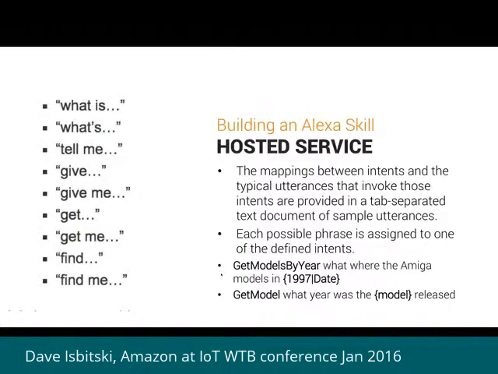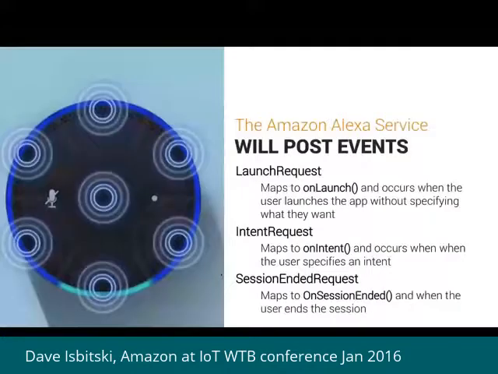Now, if I'm going to use a custom type, a custom slot, you can see here with get model, what year was the model released? And I only have to do one sample utterance for that because I'm going to define all of the answers for model. And I'm going to walk you through that in a demo. We're actually going to create some custom types.